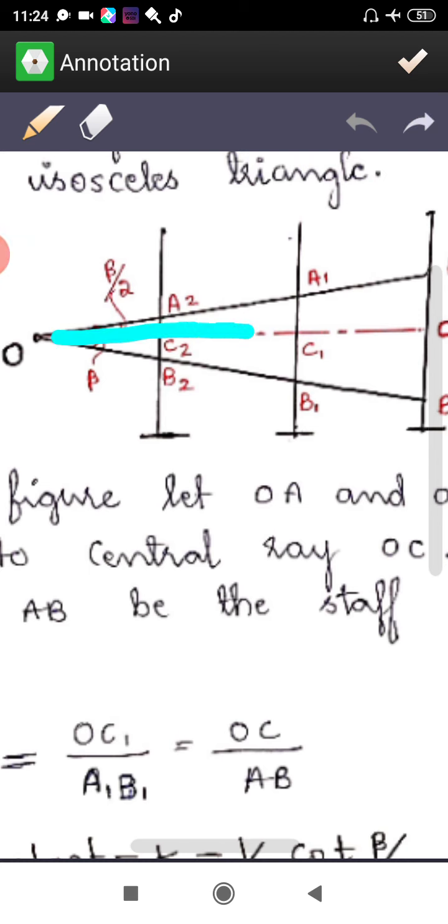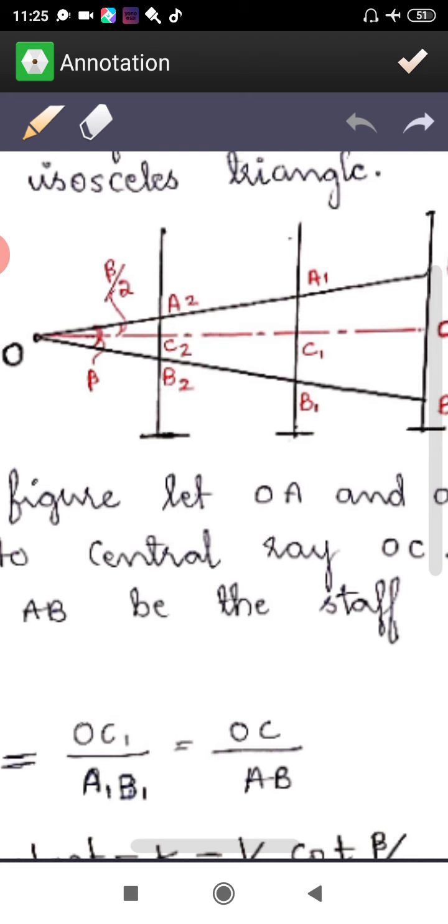Now you can compare this larger triangle with the remaining smaller triangles. You can compare OCA with OC2A2 and with OC1A1 also. That is what we are going to take here.